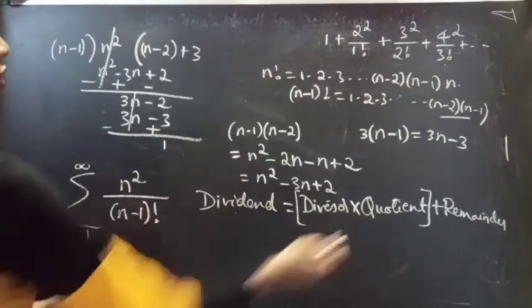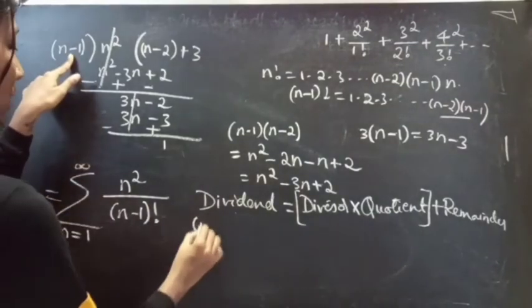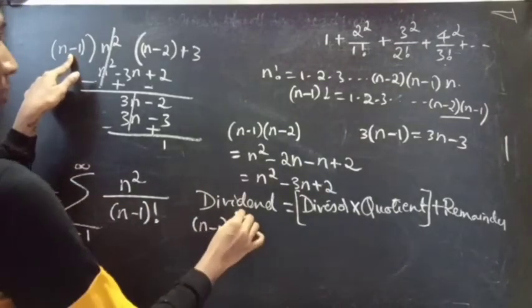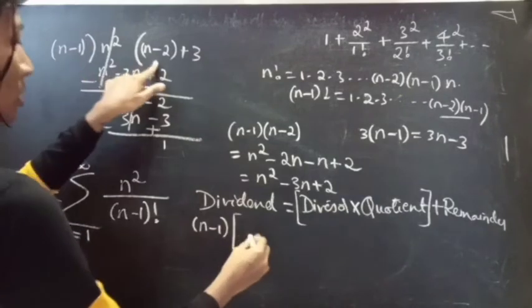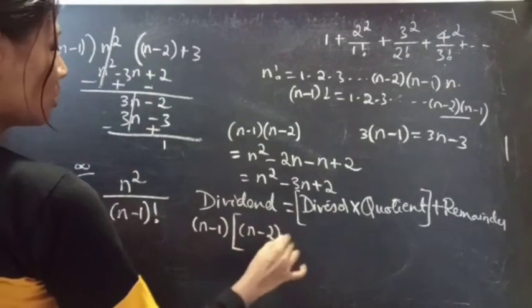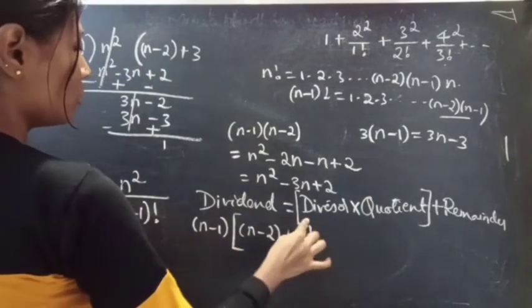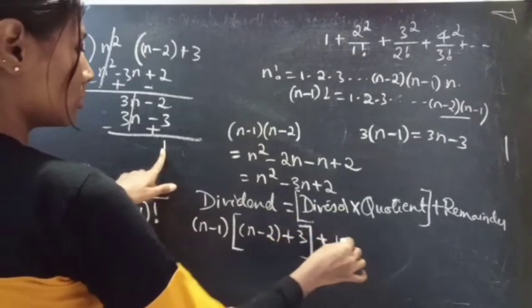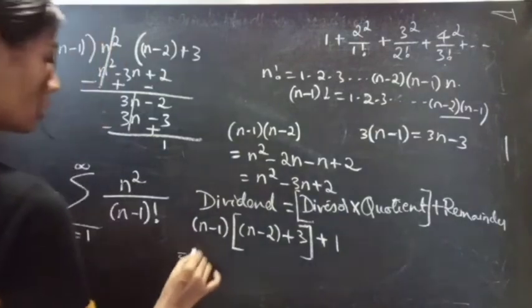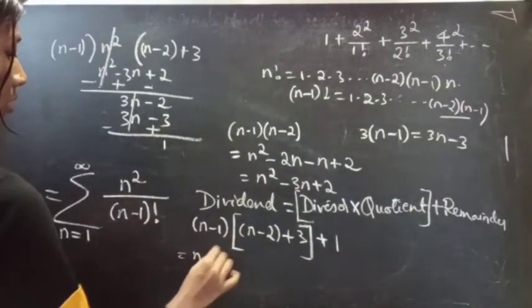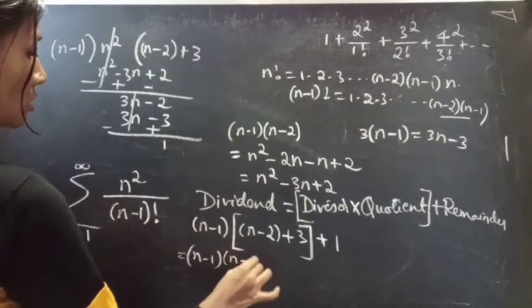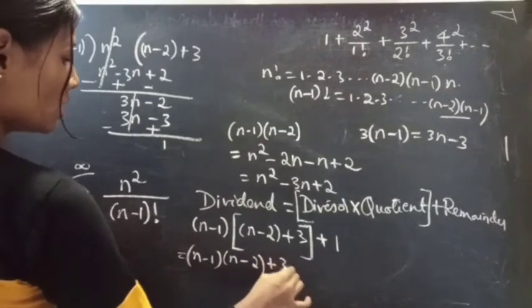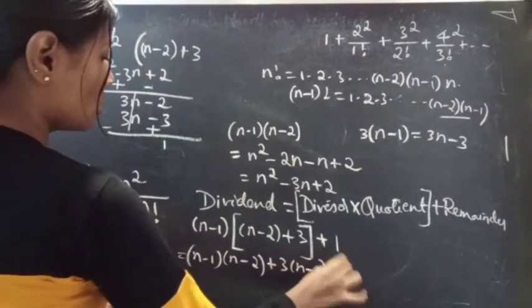So divisor into quotient. Divisor is n minus 1 into quotient n minus 2 plus 3, plus remainder plus 1, is equals to n minus 1 into n minus 2 plus 3 into n minus 1 plus 1.